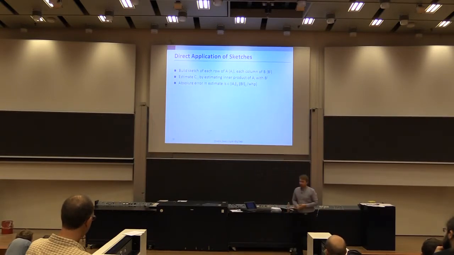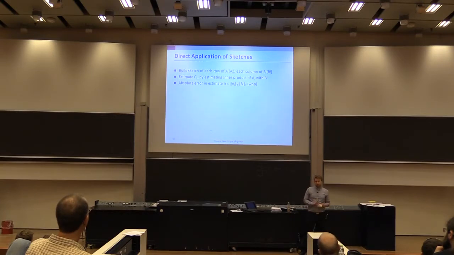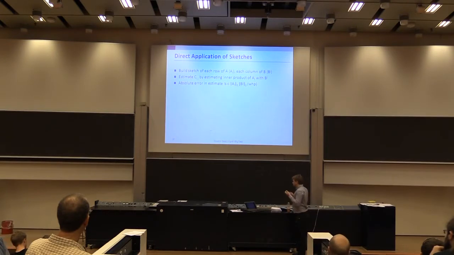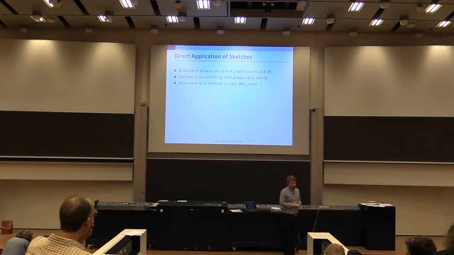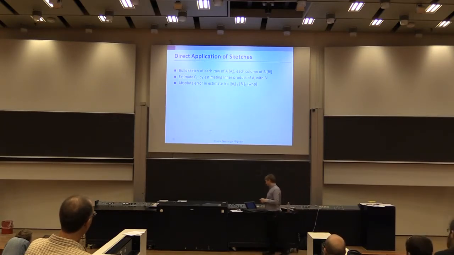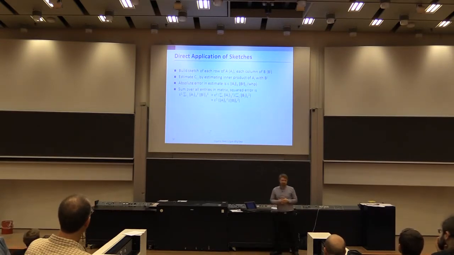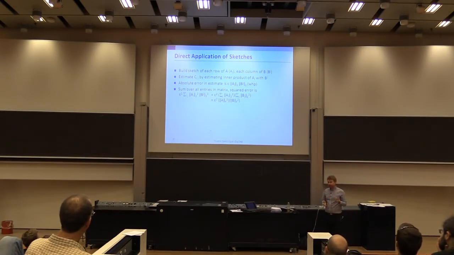But I get this error term, and we said yesterday, we get this possibly quite large error term that looks like epsilon times the Euclidean norm of that row times the Euclidean norm of that column. So this seems a little bit worrying, because just for a single entry, I'm getting some error here. I don't know if this is a trick or not, but really the argument is just that, in terms of making a guarantee in terms of the Frobenius norm, things work out just fine.